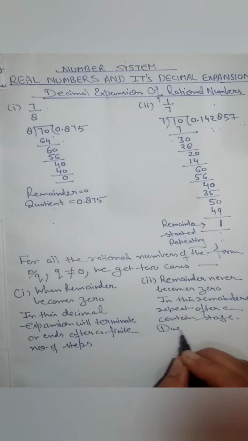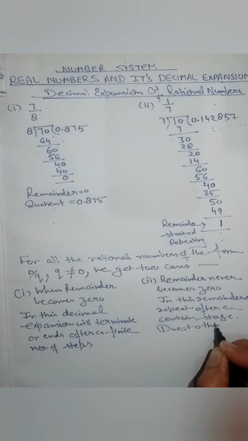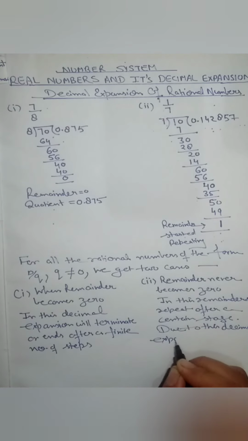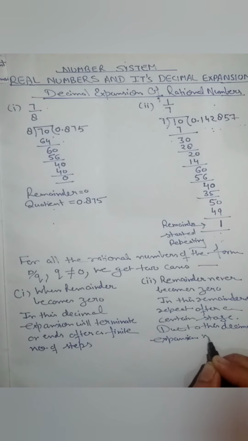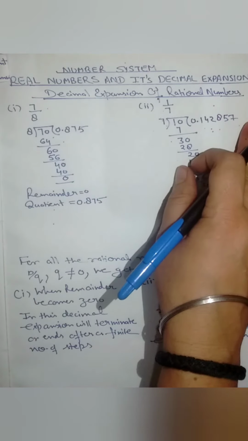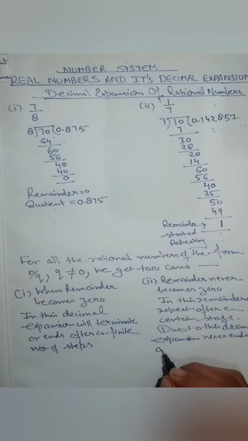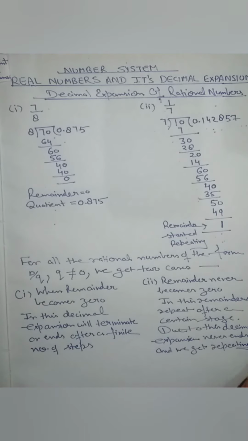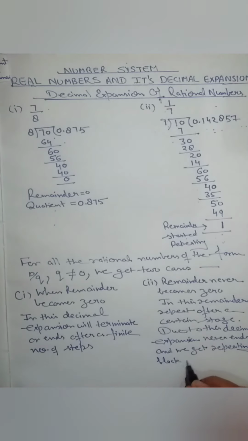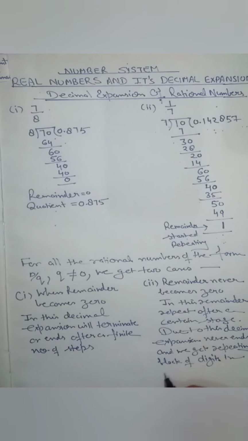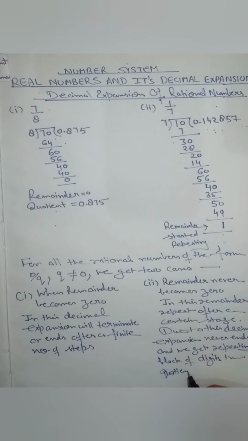Due to this, decimal expansion never ends. As we can see here, decimal expansion is not ending, and we get repeating blocks of digits in the quotient.